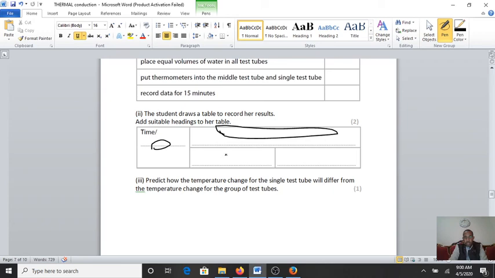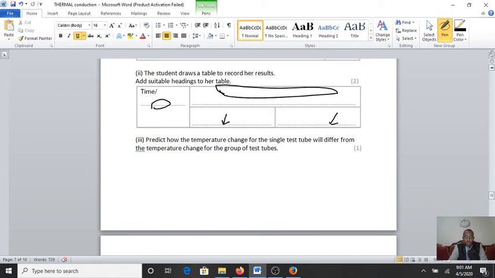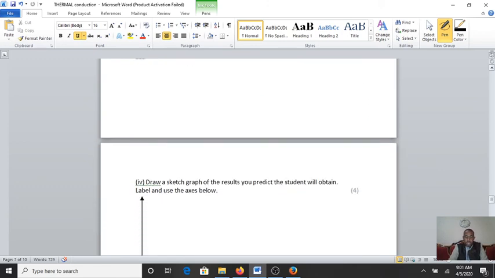But of course, with units, we have 2 different setups. You have to clarify for a single test tube and for 7 test tubes. So you fill in that table. Then you're asked to predict the temperature change for the single test tube, how it differs. I won't answer that.